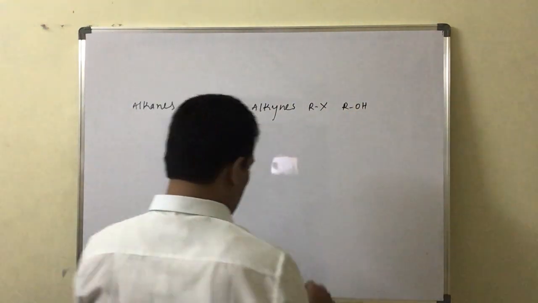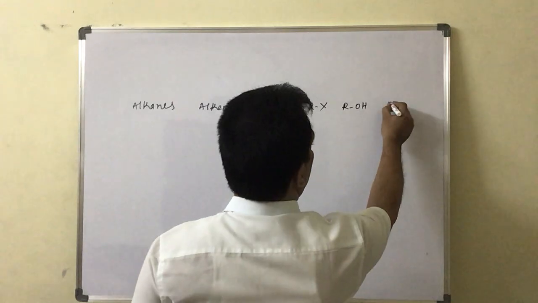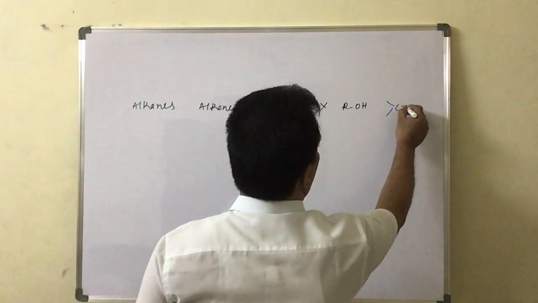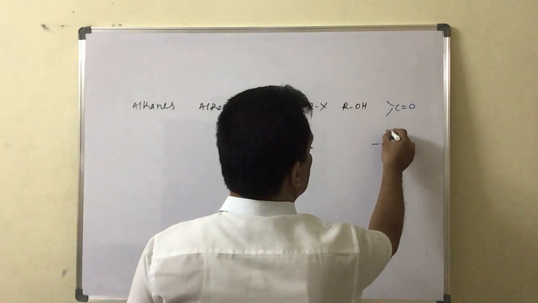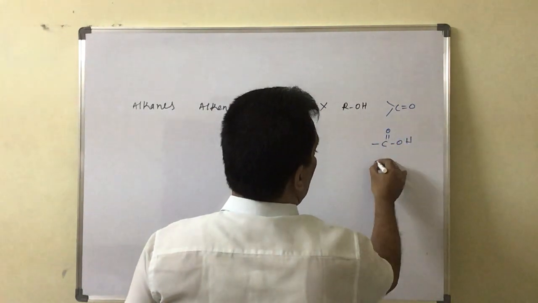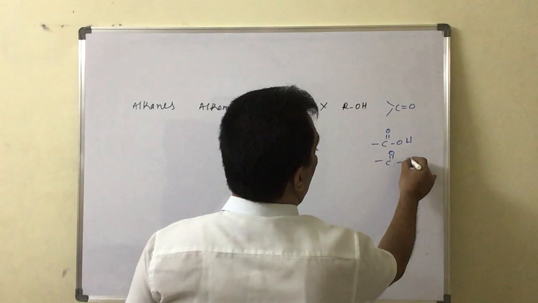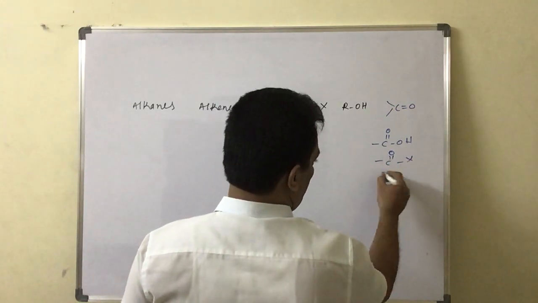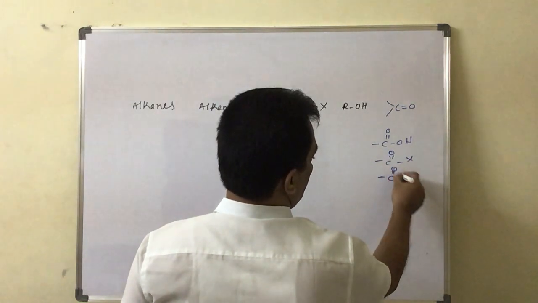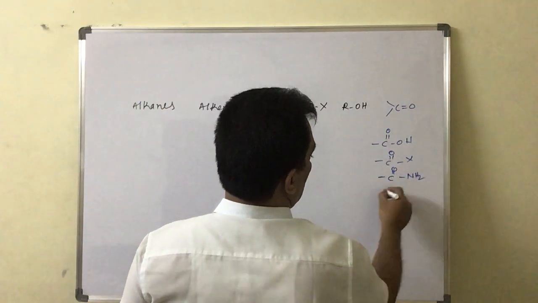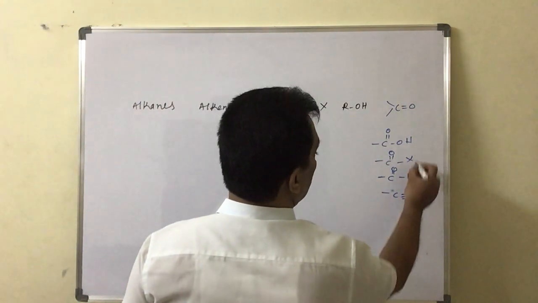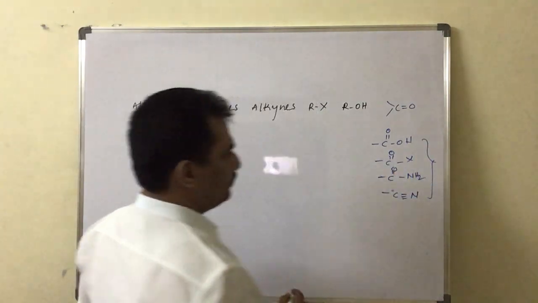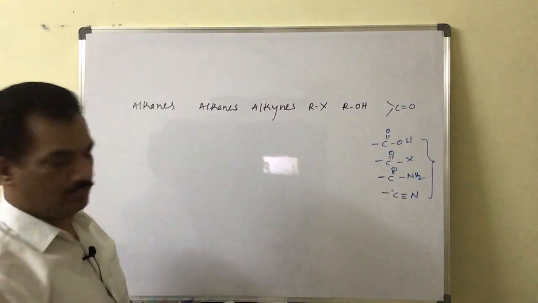Now coming to the carbonyl compounds, the ones whose preparation we are studying, and then we go for acids and acid chlorides or acid derivatives like NH2 or CN. All these are acid derivatives that appear after the carbonyl compounds.